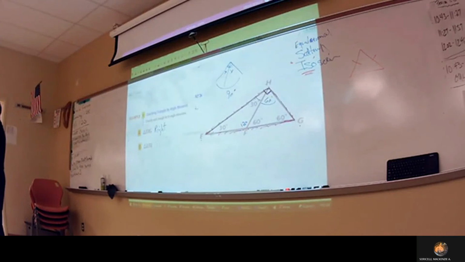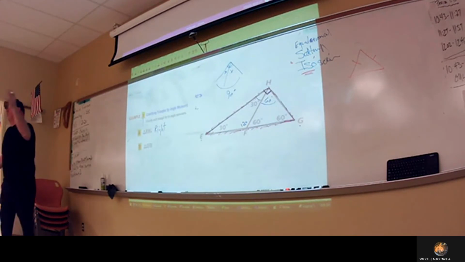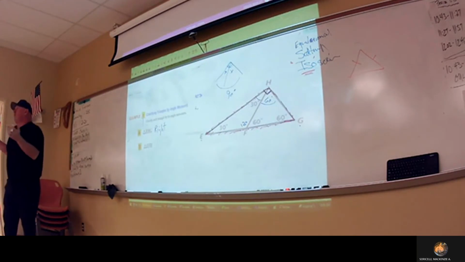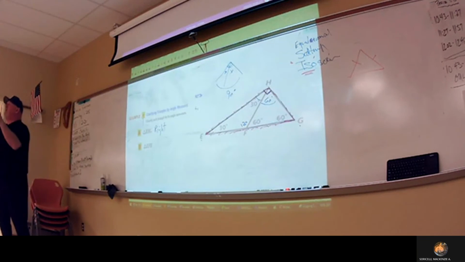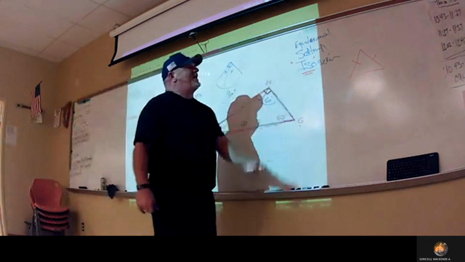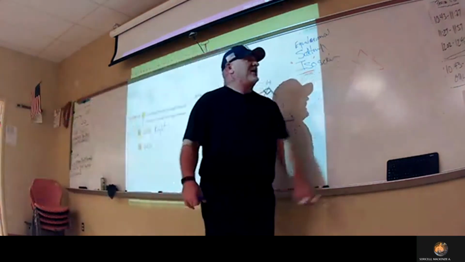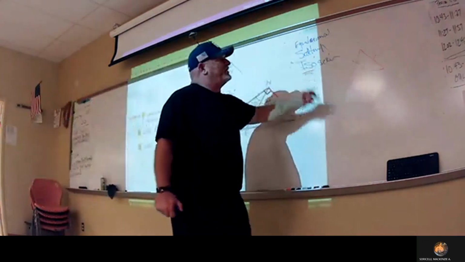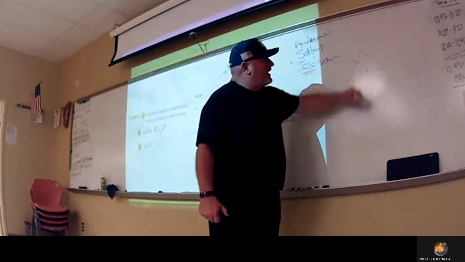So have you ever heard of isotopes? That's chemistry, it's really physics. Nuclear fission is based on isotopes, meaning they're the same. So isosceles, that root means the same. So we've got two of the same sides. Equilateral means we've got three of the same sides.